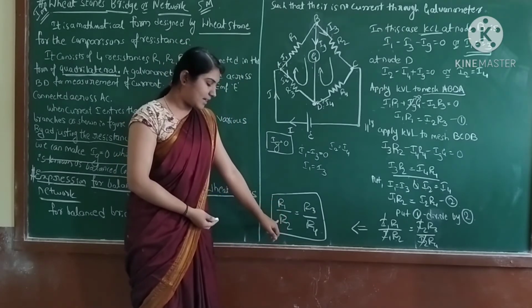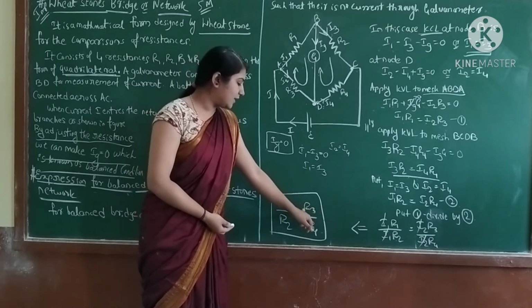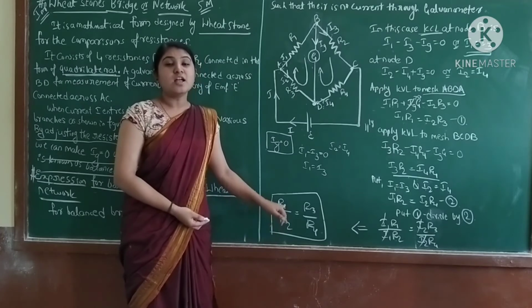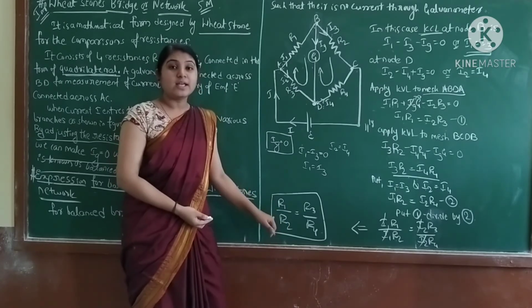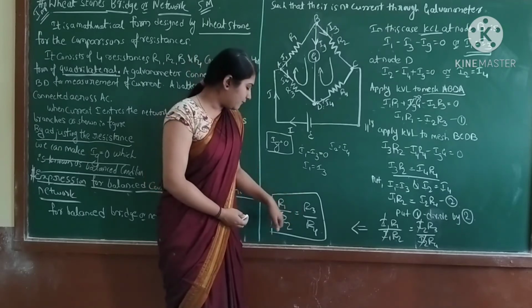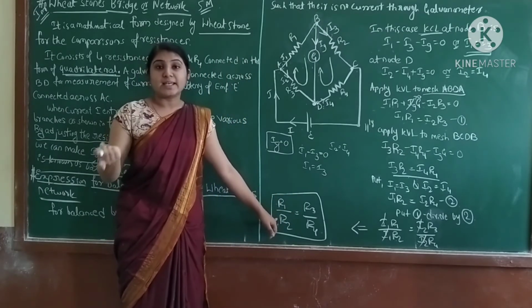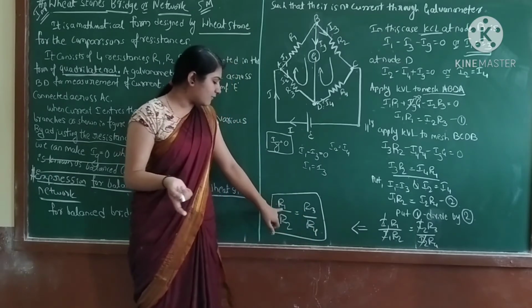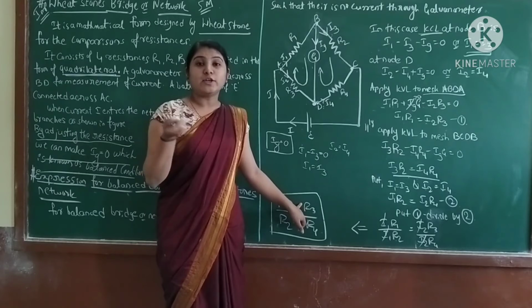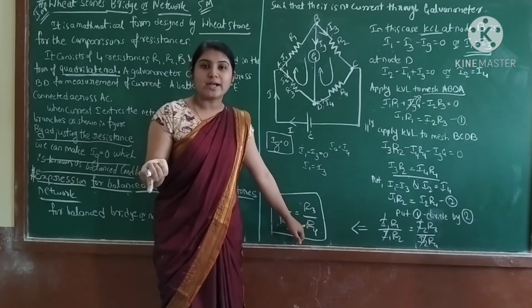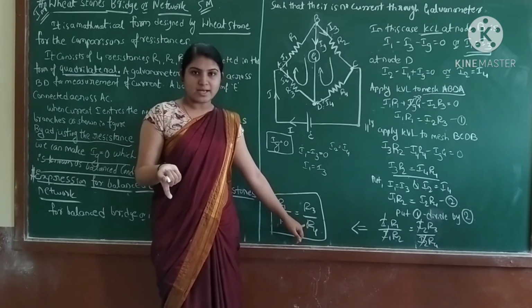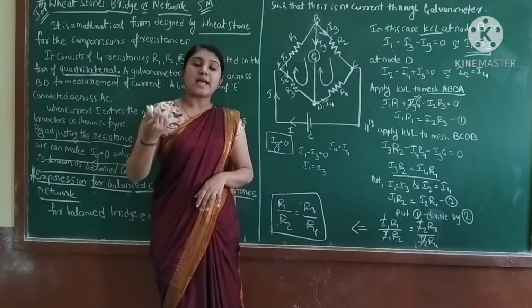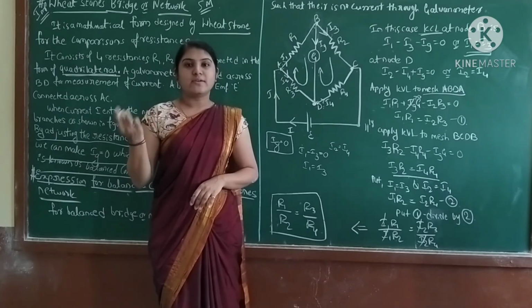Only R1 divided by R2 is equal to R3 divided by R4. This is the mathematical expression for the Wheatstone's bridge. Understood? It is very important. If I know R1 and R2, then I can easily calculate R3 and R4. If I know three of them, then I can definitely calculate the fourth resistor value. So by using this mathematical expression, I can calculate the value of the resistors.